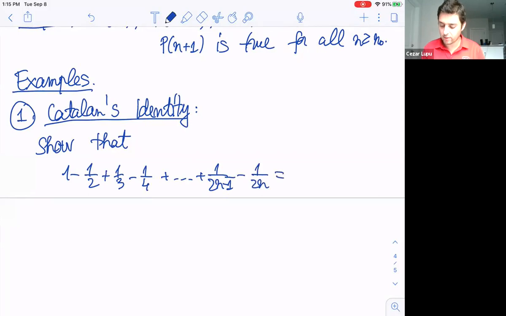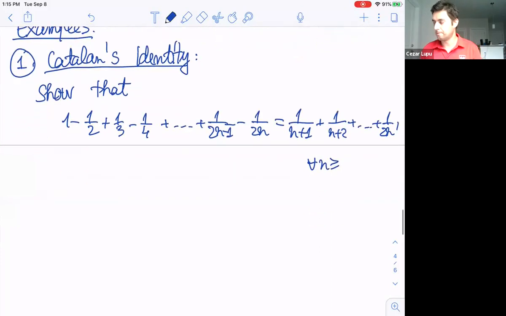As you can see, this alternates. This is nothing else than just 1 over n plus 1 plus 1 over n plus 2 plus ... plus 1 over 2n for all n greater or equal than 1, right? For all positive integers. This is my proposition P of n. So let me put it here, and I want to show this.